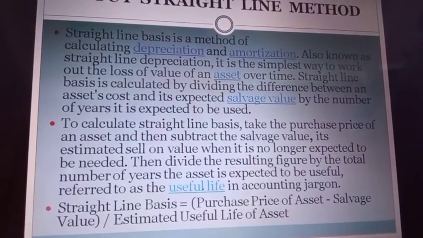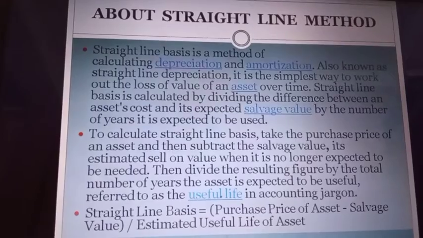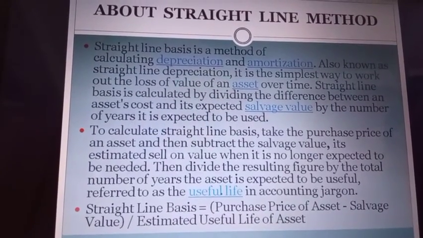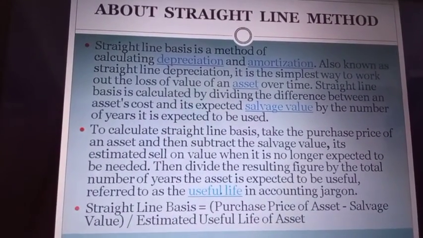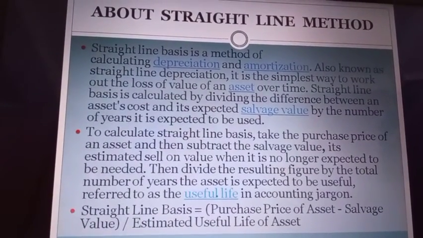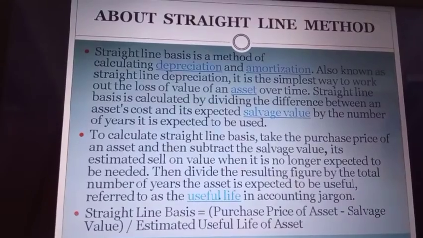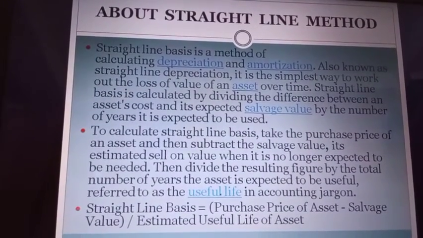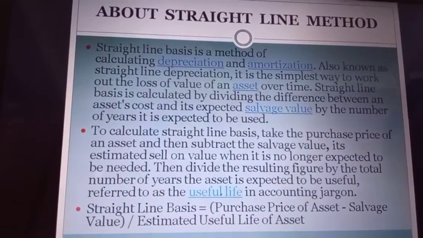And for your knowledge, you should know what the salvage value is. Salvage value means the scrap value. That means at the end of the estimated life or estimated use of the asset, whatever value remains, that means how much we can realize by selling the asset as a scrap, that is known as salvage value.